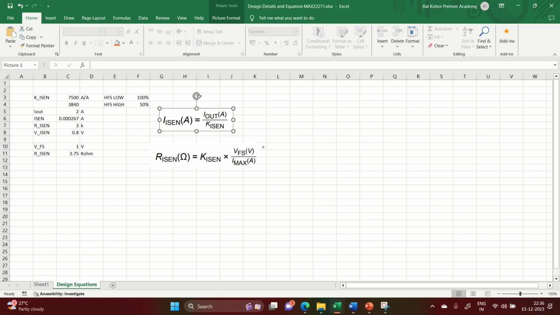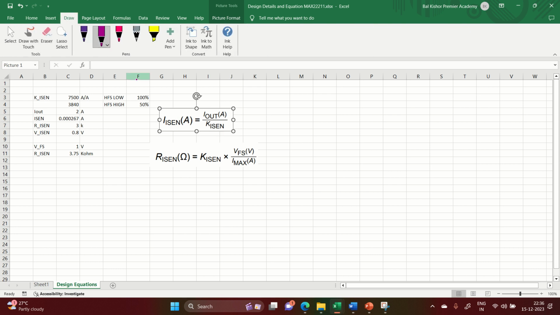Since I am going to use, let us say, low means 100%, then isense will be 75%, 7500. Suppose I out is 2 ampere, then isense is coming up as 0.000267. Now let us assume R isense is 3 kilo ohm, then V sense is coming up as 0.8 volt, which is less than 1.1 volt, which was the limit for the isense pin, right?